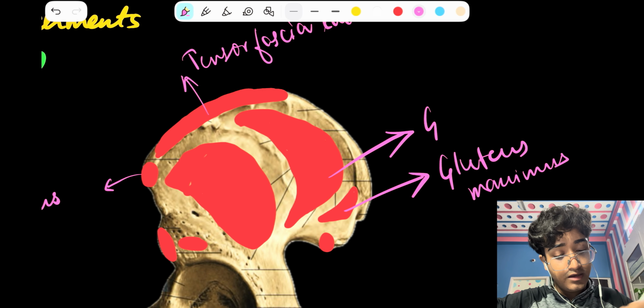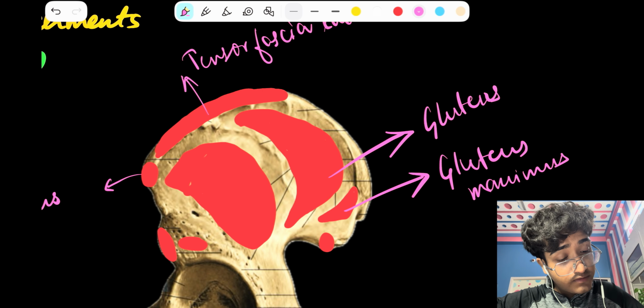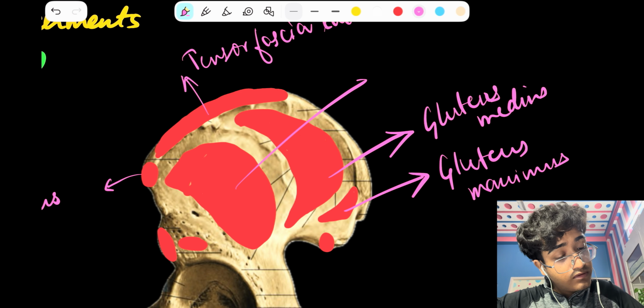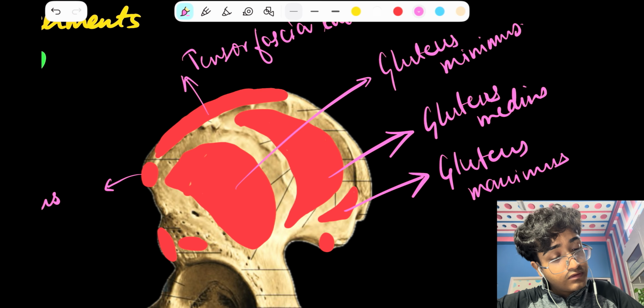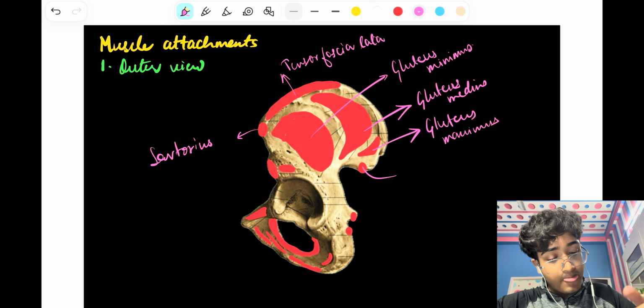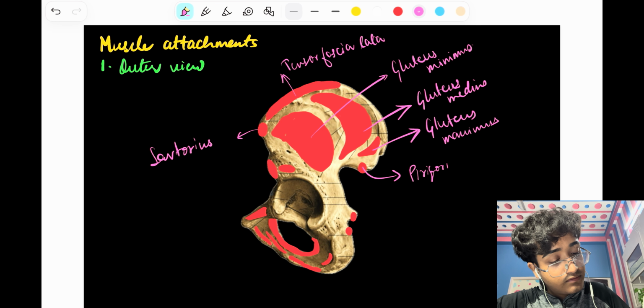Okay. This is the attachment of gluteus medius, and this is the attachment of gluteus minimus. The posterior inferior iliac spine gives attachment to the piriformis muscle.